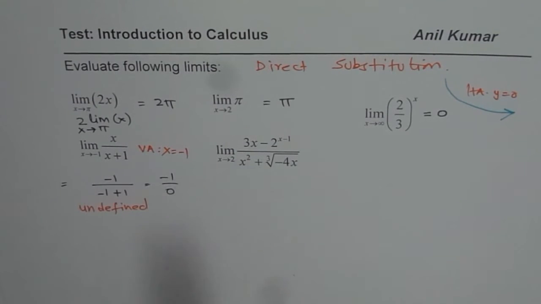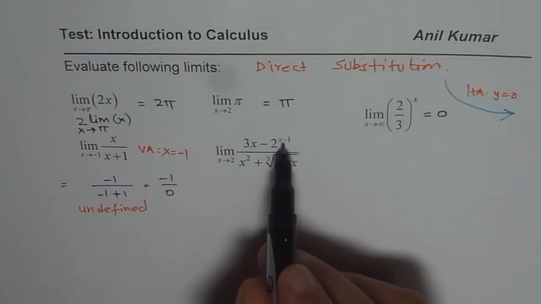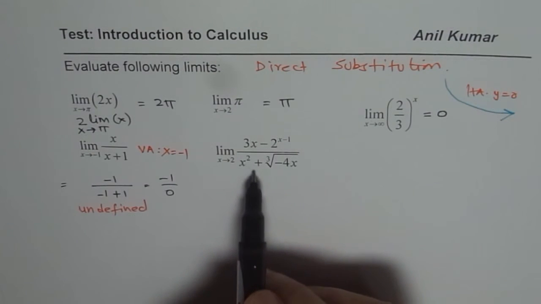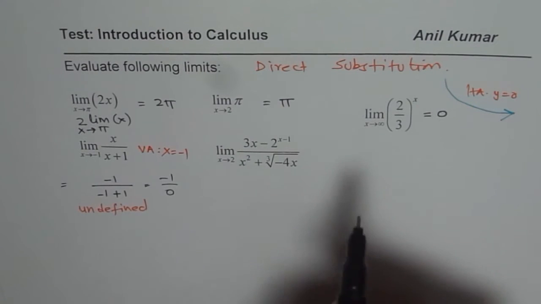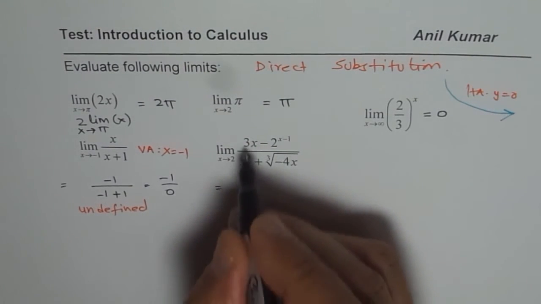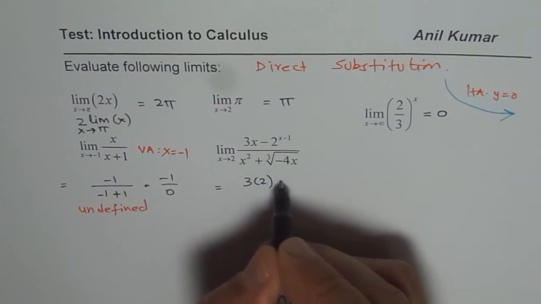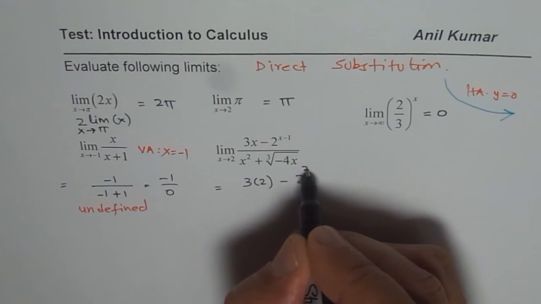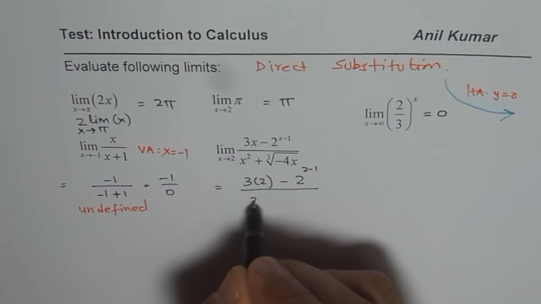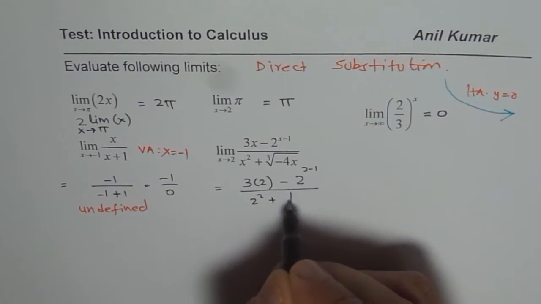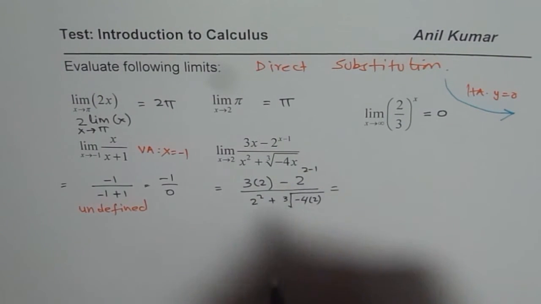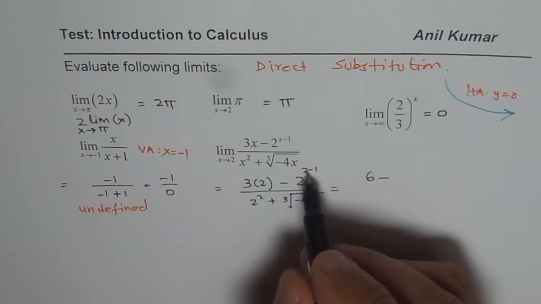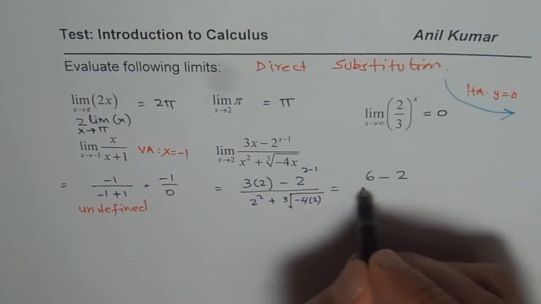Now the last one here is limit of 3x minus 2 to the power of x minus 1, divided by x squared plus cube root of all this. So let's write 2 for the x. We'll get 3 times 2 minus 2 to the power of 2 minus 1, over 2 squared plus cube root of minus 4 times 2, right? So let's solve this. 3 times 2 is 6, minus 2 to the power 1 is 2, so you get 4.